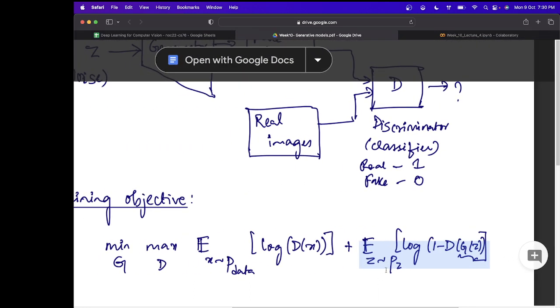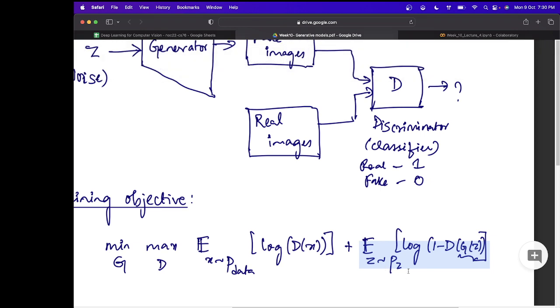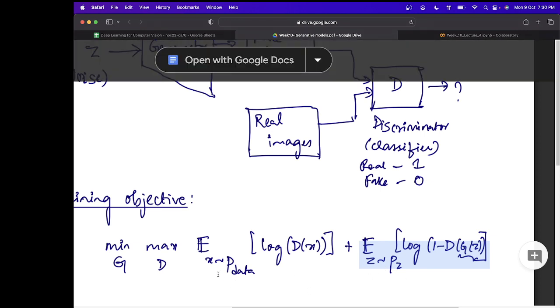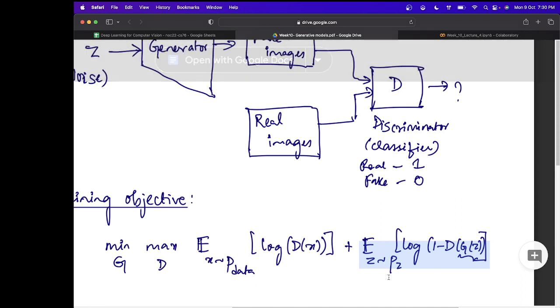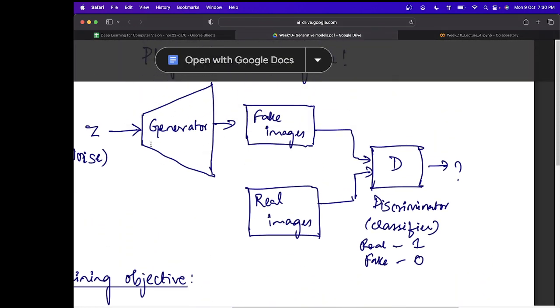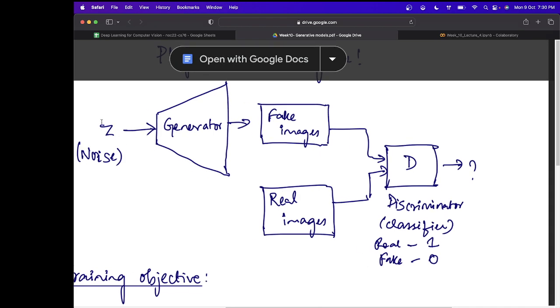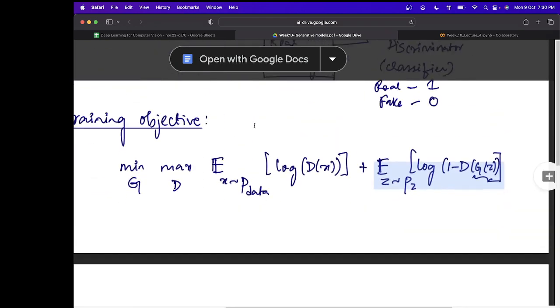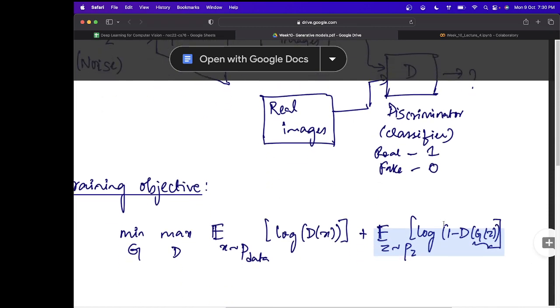So here now, instead of taking the true training data, we sample some Z from a prior distribution, that is the noise. And what I said is, the generator basically converts this noise vector to an image, so to something in the image space, right?